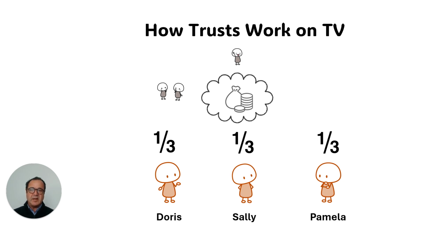But whatever age you like, could be 40 if you want. So in any case, we've got Doris, Sally and Pamela with a fixed entitlement to 1/3 of the money each, and that is why this is called a fixed trust. It's fixed. So that sounds pretty simple.